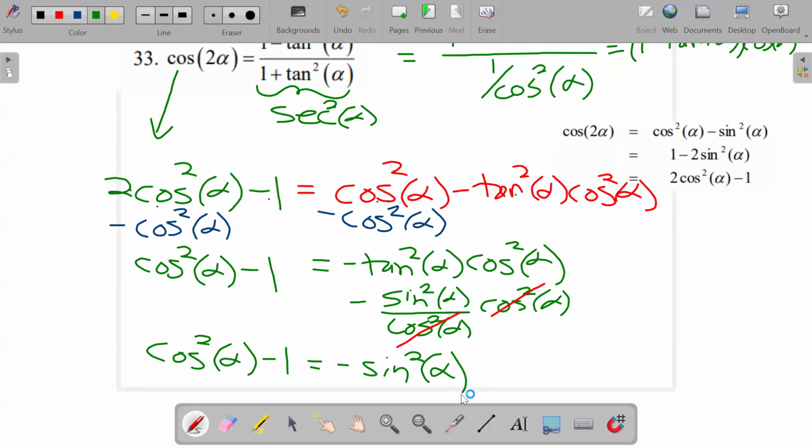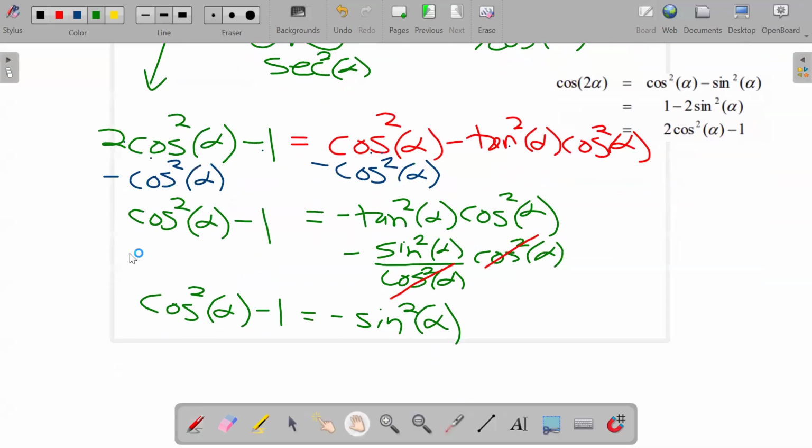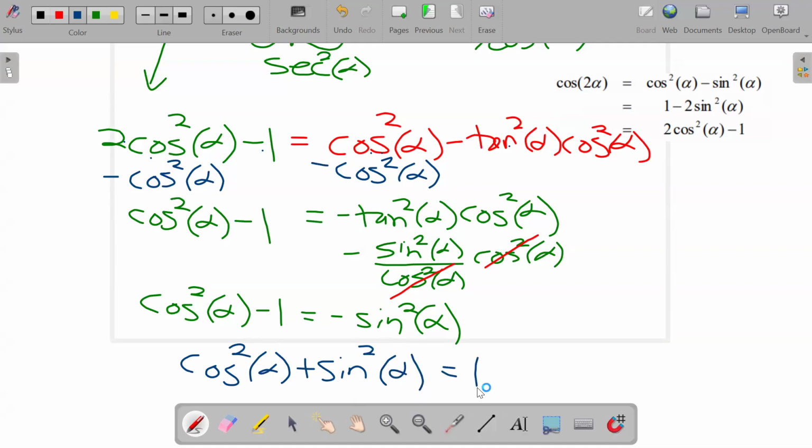That's Pythagorean identity. So it looks like this is cosine squared of alpha plus sine squared of alpha equals 1. Yes, that is true. I did some crazy stuff to get there that I think was all legal, which means the original must be true too.